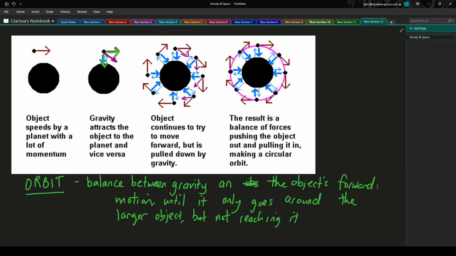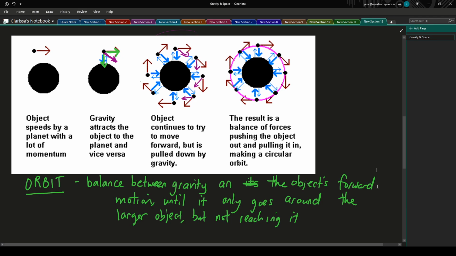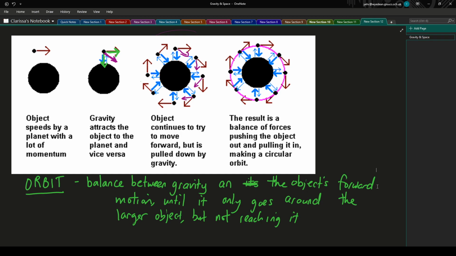We try to give it a bit of speed. It needs to be enough speed for it to be locked into this orbit. This requires a lot of calculation from scientists to work out how fast we need it to go in order to balance out its weight and therefore the gravitational pull towards the Earth until we get this locked balance, and then it just ends up orbiting.